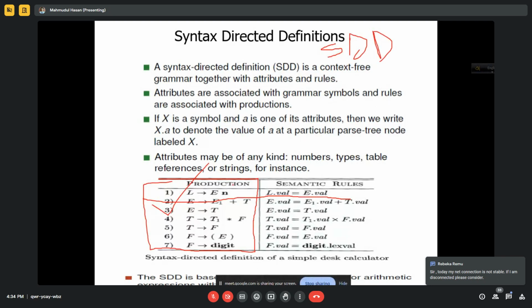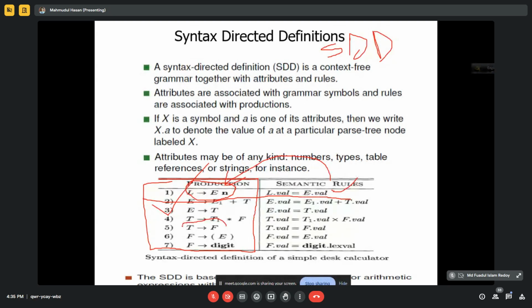So now we apply semantic rules along with the production. This is known as syntax directed definition. When this production rule is matched, then this action will be completed.